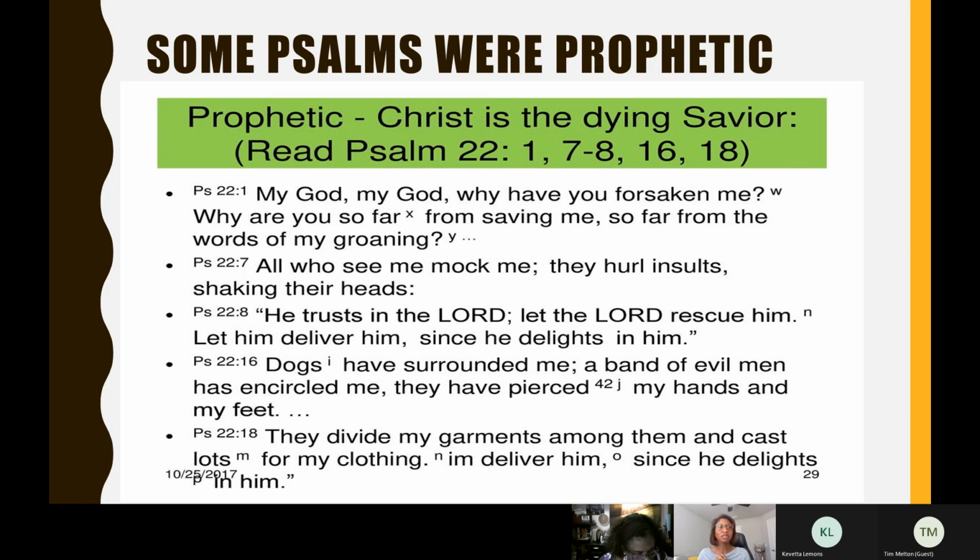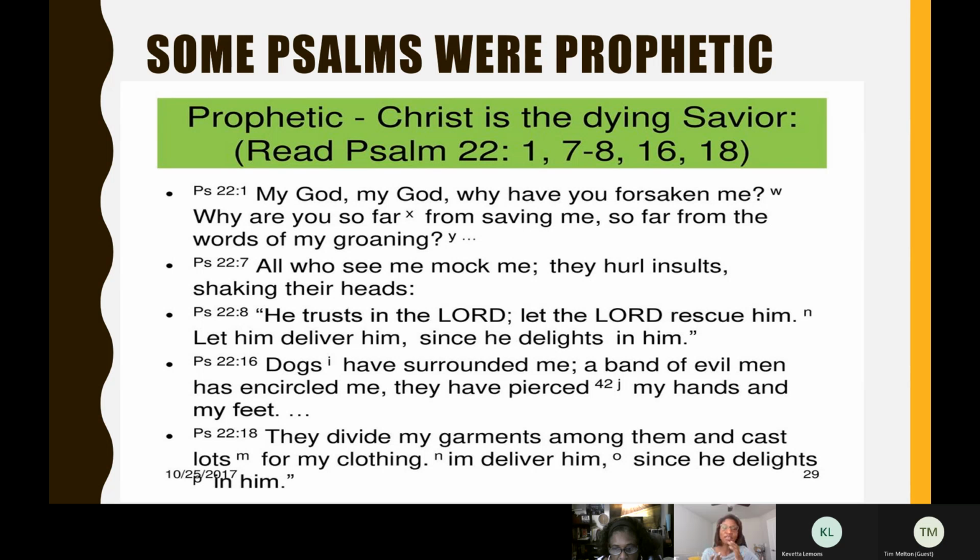You know what prophetic means? Futuristic, very good. So it spoke of the future, and the future situation happened to Jesus in the New Testament.